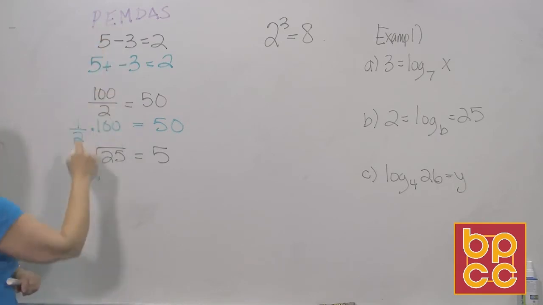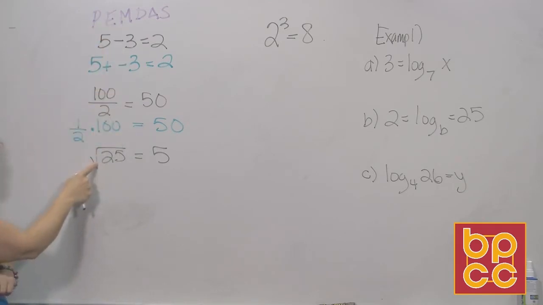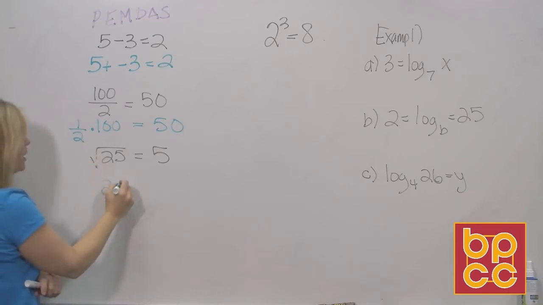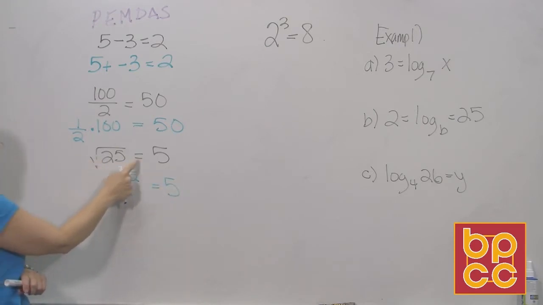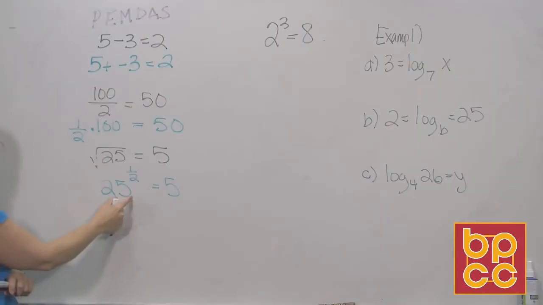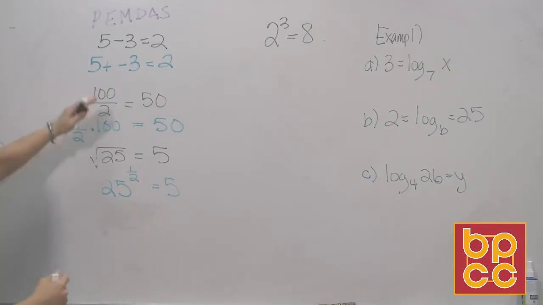Their equal is an exponent. So we've already discussed in college algebra what exponent means square root. Very good. It means the exponent 1/2. So instead of me writing the square root of 25 is 5, I could write 25 to the 1/2 is 5. So what I want to show you here is every operation has a buddy, an equal.